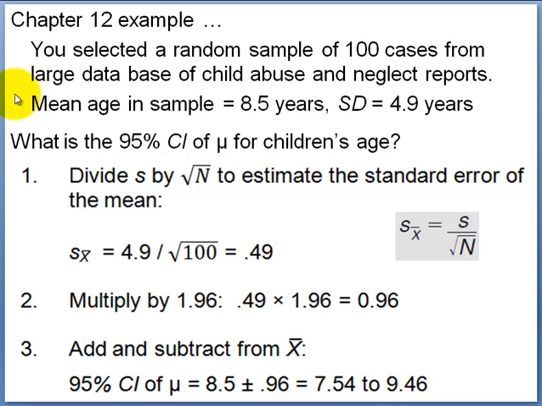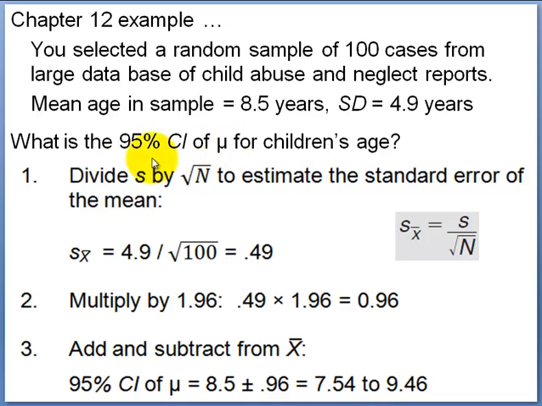And you found that the mean age in your random sample was 8.5 years with a standard deviation of 4.9 years. So what is the 95% confidence interval of the population mean, mu, for children's ages?